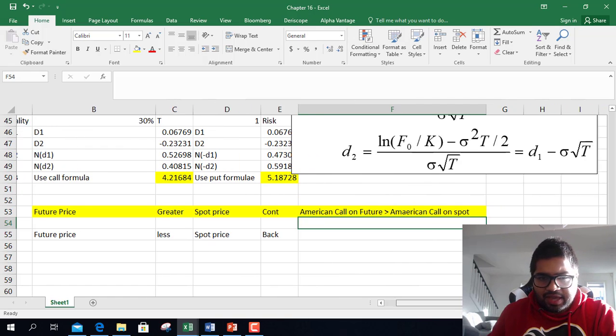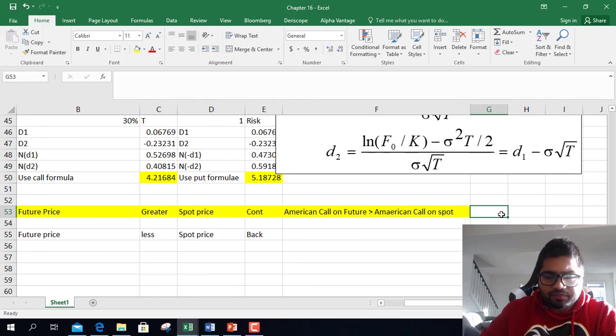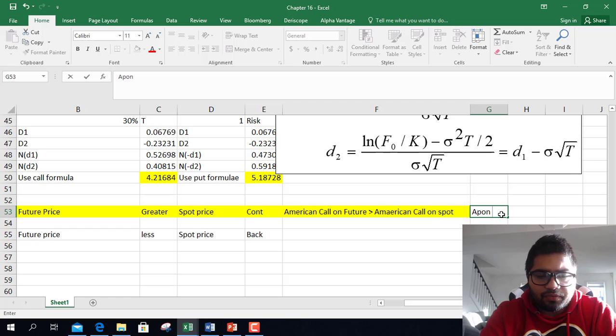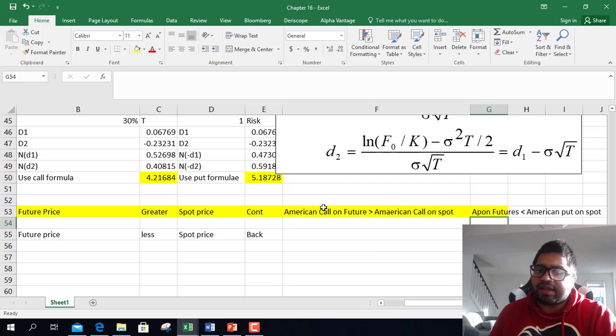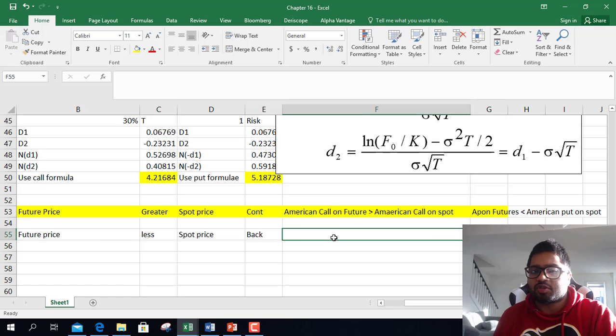And one more equation, American put on futures is less than American put on spot. So if markets are in contango, that is future price is greater than spot price, American calls on futures will be greater than American calls on spot, and American puts on futures will be less than American puts on spot.